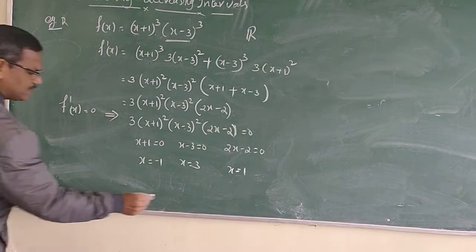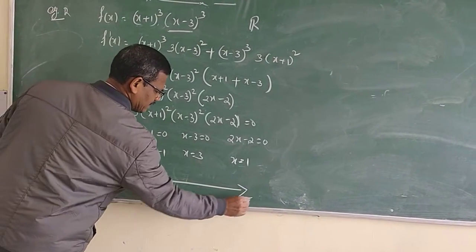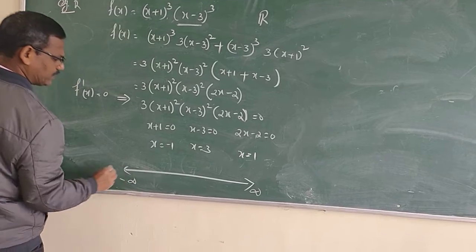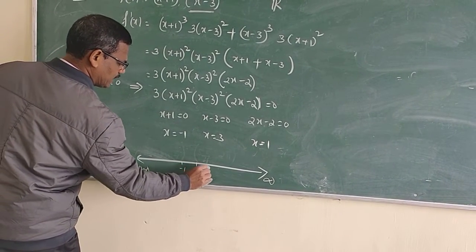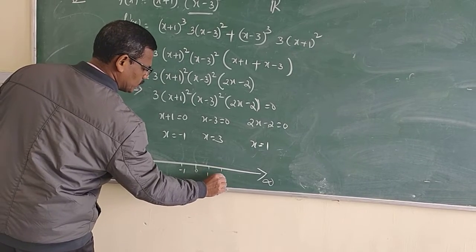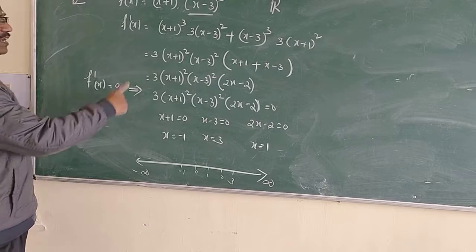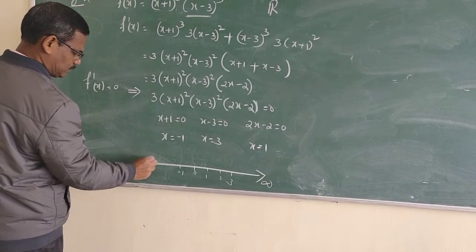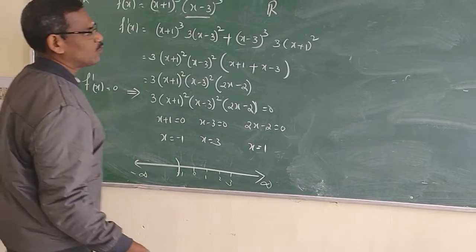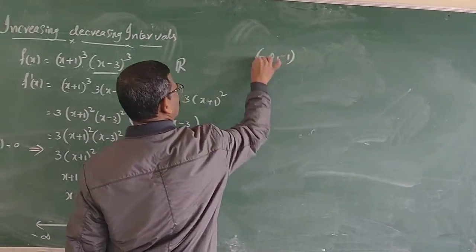So the points, you mark like this on the number line. This is infinity and this is minus infinity, and you have 0 here, and -1 here, and 1 here, 2 here, 3 here. So now we are going to divide the domain by using these points. Minus infinity to -1 is one interval.